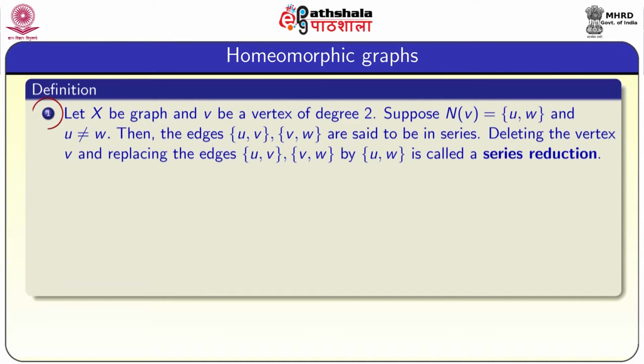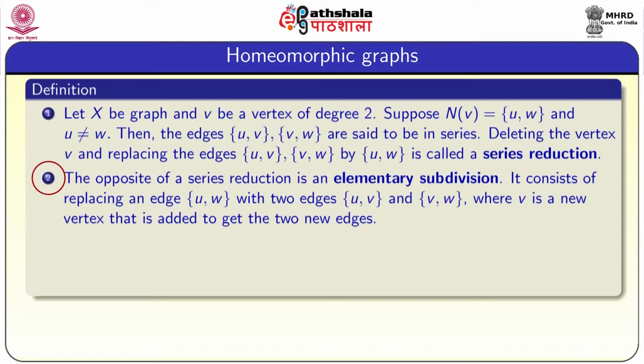Now we define a concept called homeomorphic graphs. Let X be a graph and v be a vertex of degree 2. Suppose the neighborhood of v, N(v), equals {u, w} and u is not equal to w, then the edges uv and vw are said to be in series. Deleting the vertex v and replacing the edges uv and vw by uw is called a series reduction.